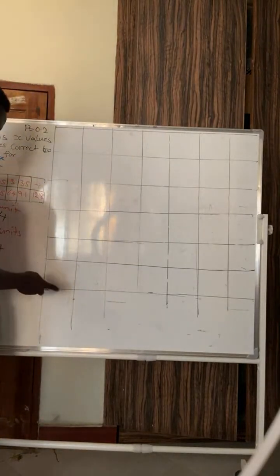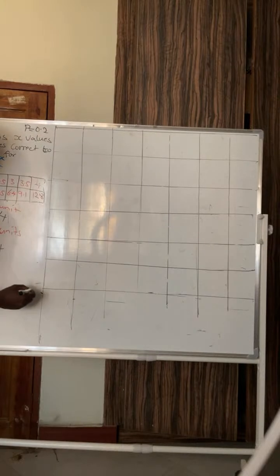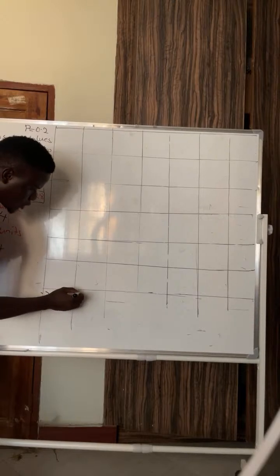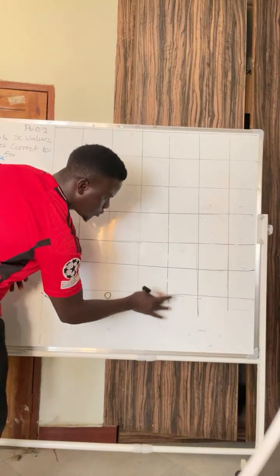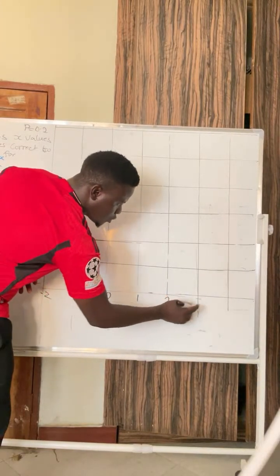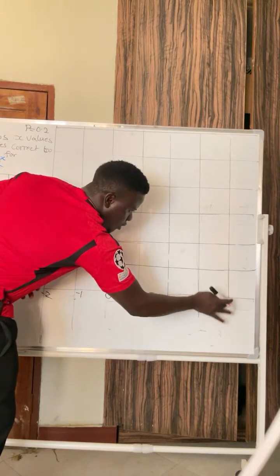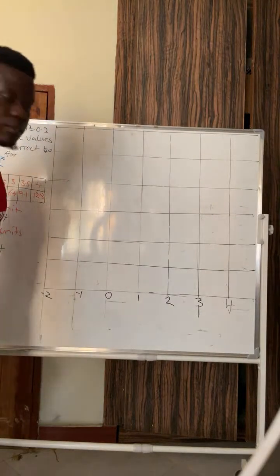Then for y, we are starting at -2, and we go up by 1 unit each time: -1, 0, 1, 2, 3 and 4.